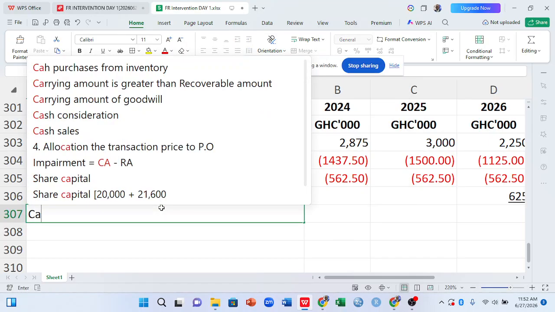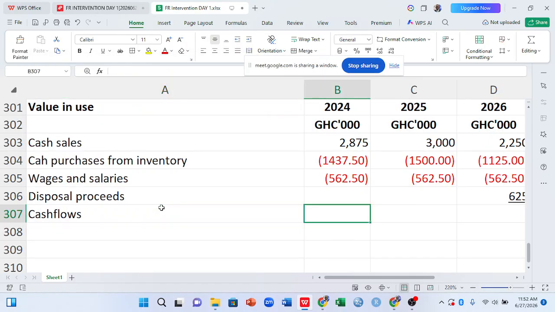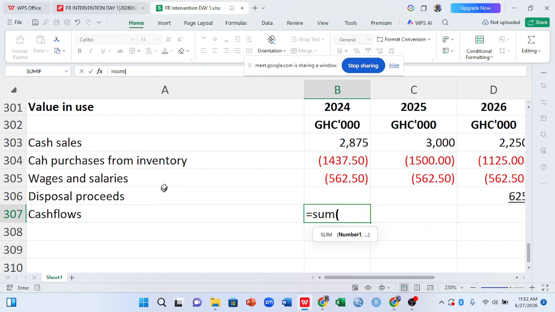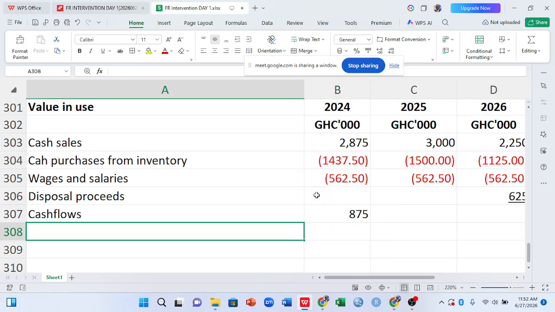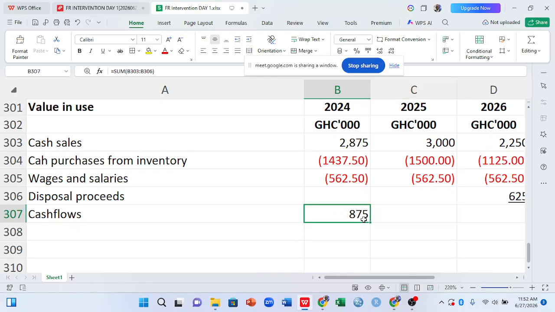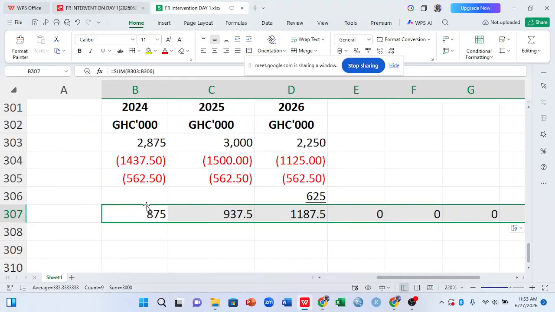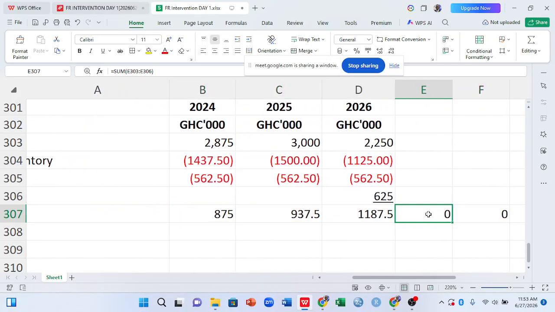This will be your cash flow for each year. So you do that for each year.